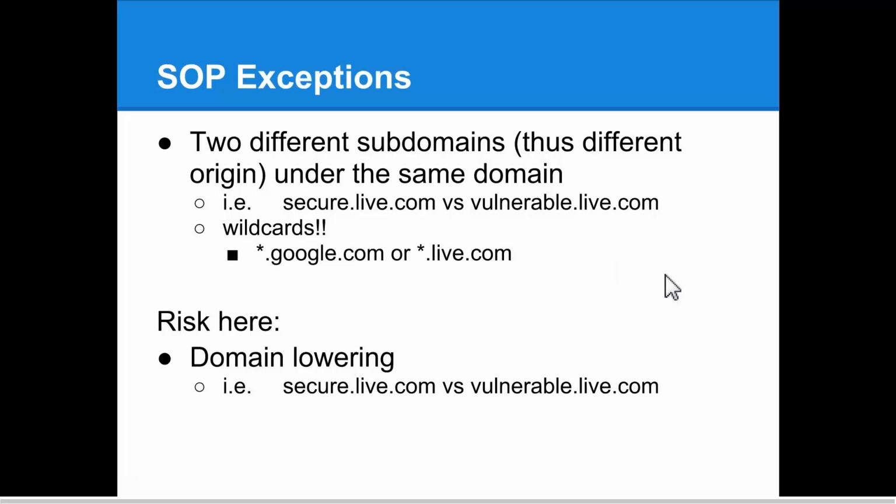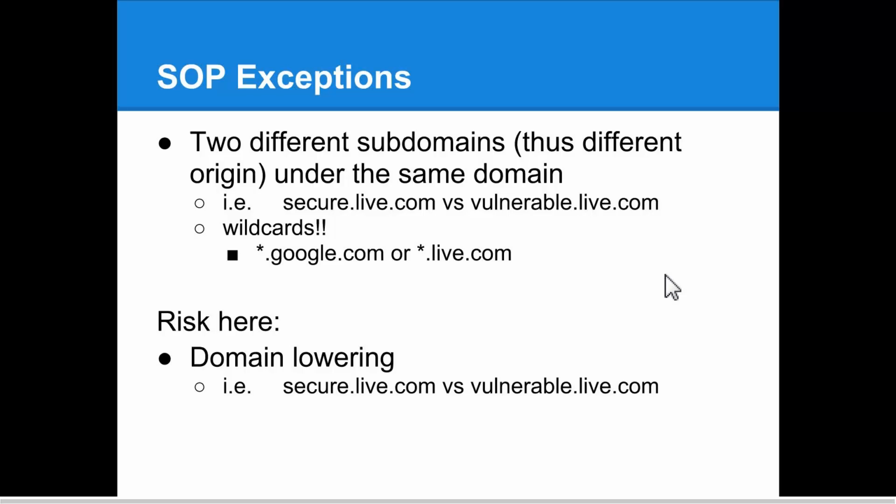So there are exceptions to this. I said that the subdomains have to be the same, but it's also common for two different subdomains under the same domain to be allowed to share content between the two. And a really good academic example would be content between secure.live.com and vulnerable.live.com can be shared.